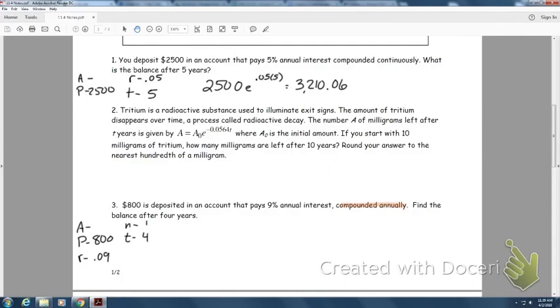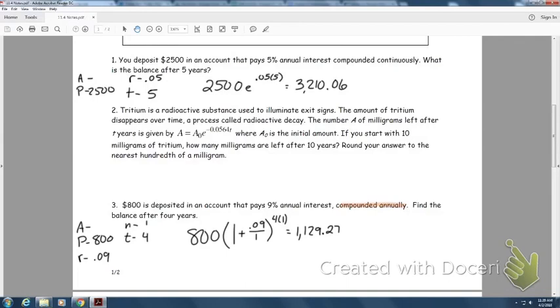And then we're talking about 2 years. So this is what that equation would look like. And you especially need to make sure that you can put something like this into the calculator. On this, make sure that you get $1,129.27. Since we are talking about money, make sure that you are rounding to 2 decimal places.